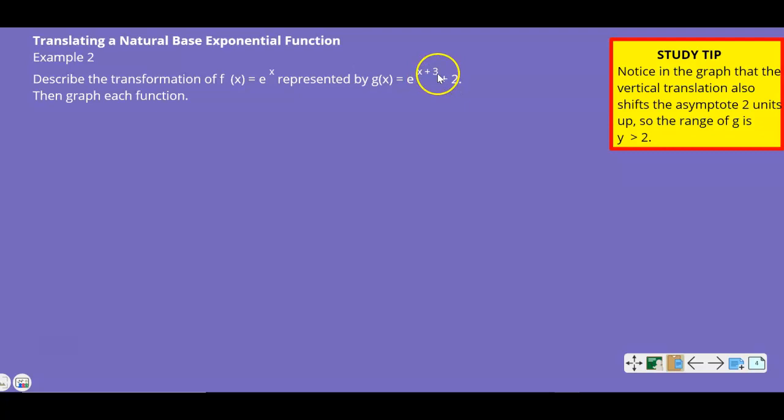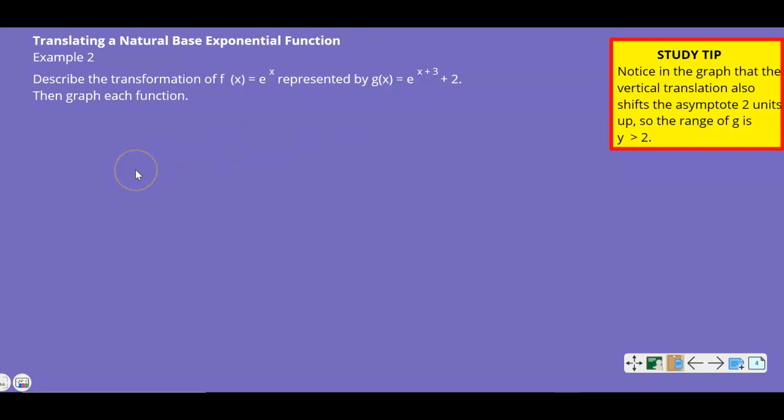So this is plus 3. Remember, the horizontal goes opposite. So even though it's plus and you want to move right, you actually move left 3. So it's going to be left 3 units, and this is going to move you up 2 units. So that's describing the transformation. You're going to take f of x, move left 3, up 2.